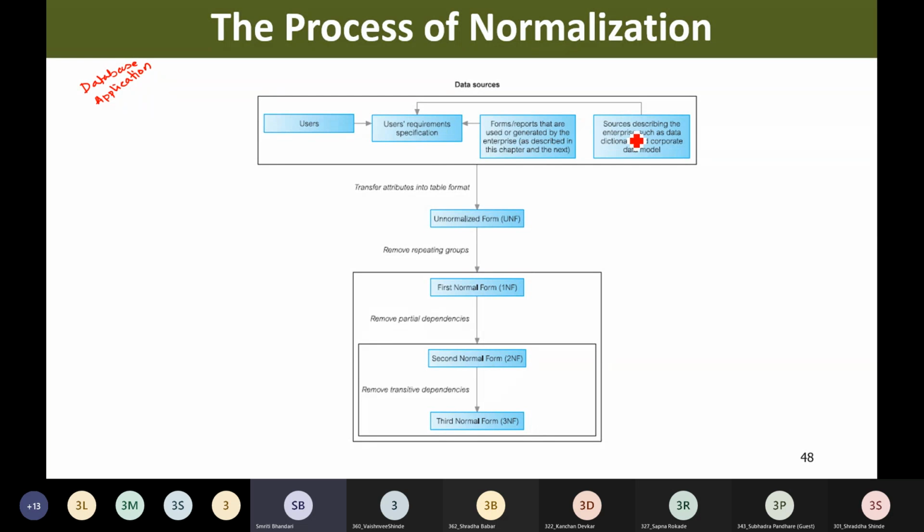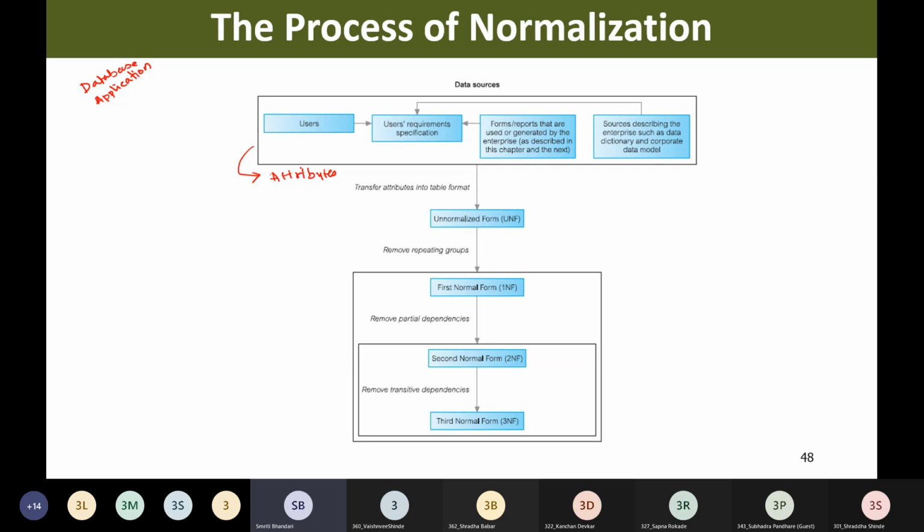So we collect the data and we come up with the requirement specification. While building the database application, after this process of gathering the data, we come up with all the required attributes that we would like to store in our database.